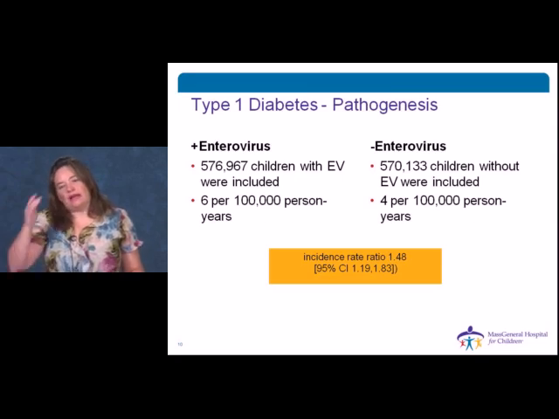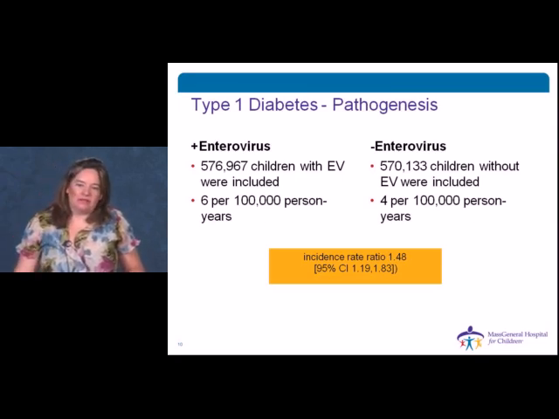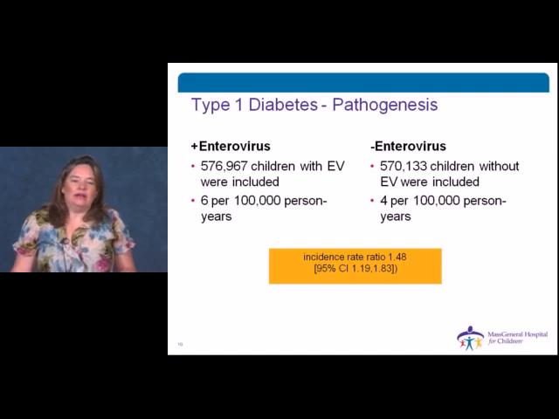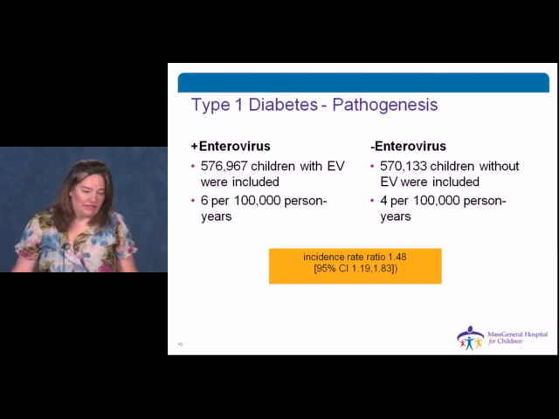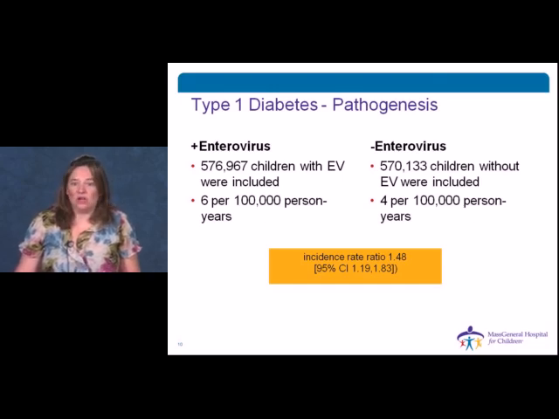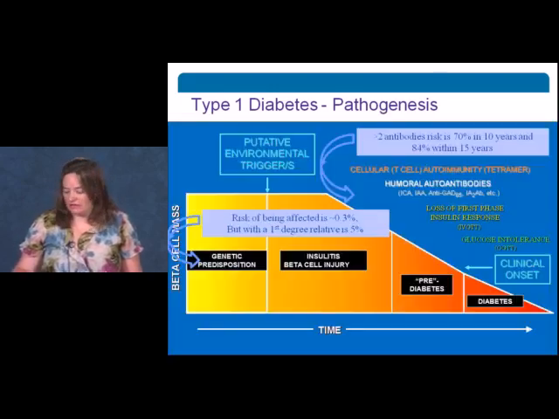If your chance of developing diabetes is less than 1%, increasing it to less than 1.5% is potentially significant, but it's not the answer that if we treat or have a vaccine against enterovirus, diabetes will go away. It's still happening in both populations.